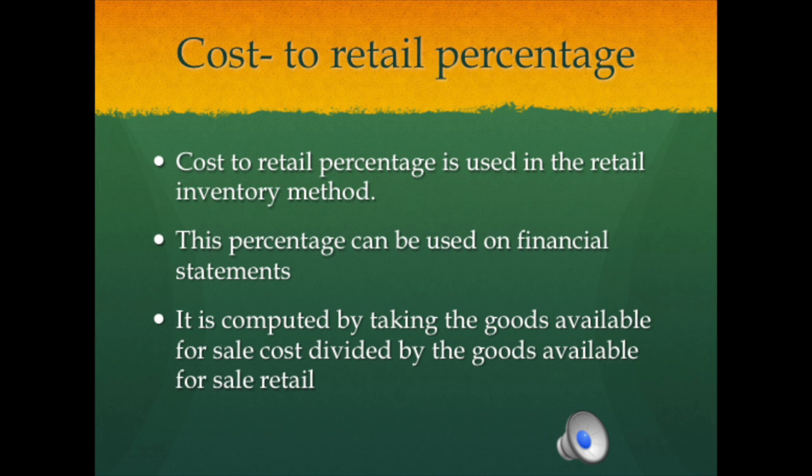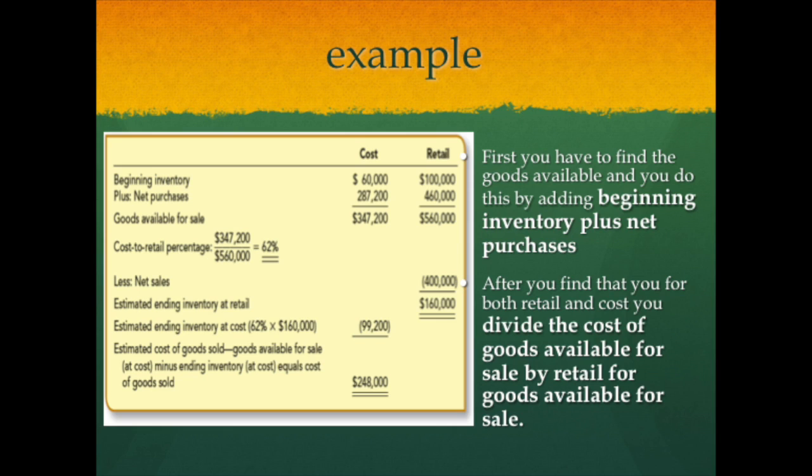So here we have an example. First, you want to find the goods available for sale. You have your cost category and your retail category. You take your beginning inventory plus the net purchases, and that's the goods available for sale. We already did that here. We got $347,200 for cost and $560,000 for retail.